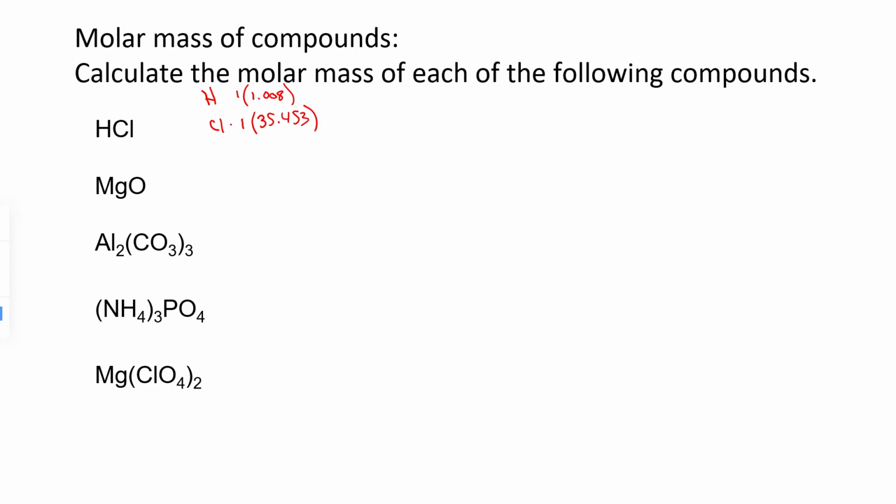Now when we add these up, pull out my calculator here, 1 times anything is just the same number, so we're just going to do 1.008 plus 35.453, and we get 36.461.